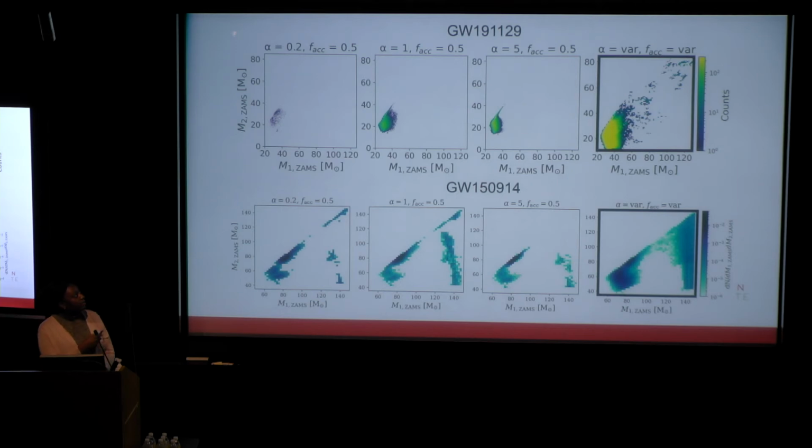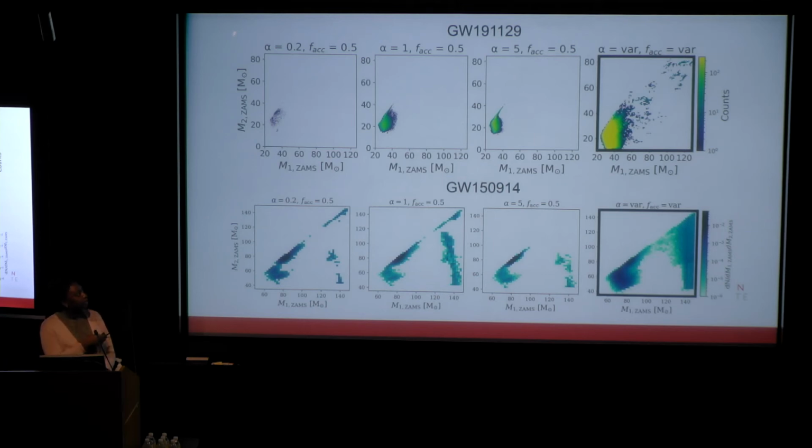At the top, you can see that for 191129, it prefers a mass range for primaries between 25 and 60 solar masses, and 12 and 50 for secondary masses. And also, the main difference between these two is that 191129 prefers a much lower mass range for progenitors than 150914.